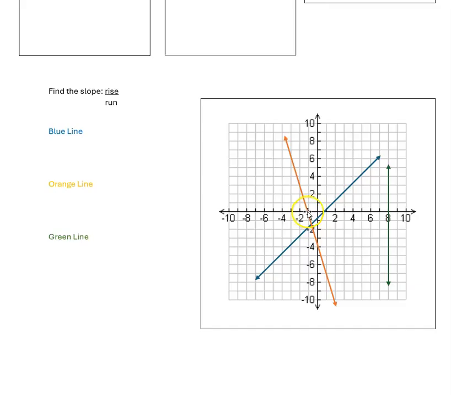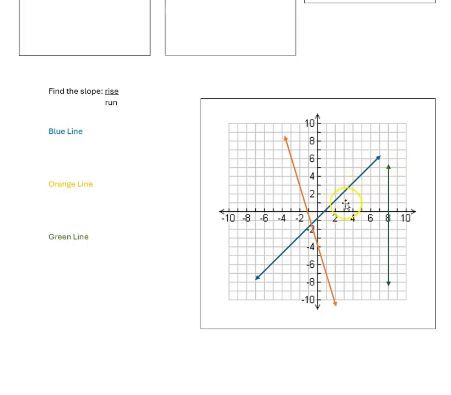So what I'm going to do is rise over run. I'm going to go to the right and then up to find my slope. So I'm going to find a part where the line intersects. It intersects right here. So that's the point 1, 1. So I'm going to go over and then up to where the line meets another place.